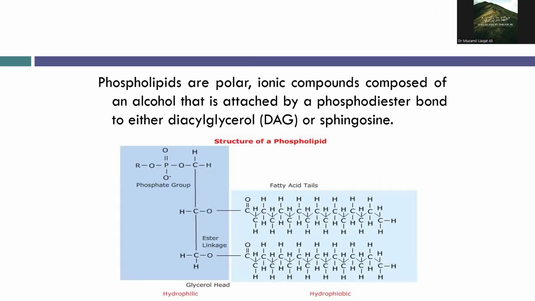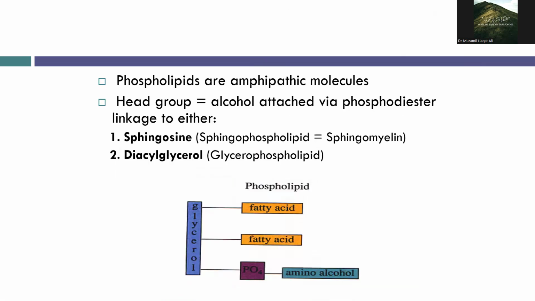Phospholipids are polar ionic compounds composed of an alcohol that is attached by the phosphodiester bond to either the diacylglycerol or the sphingosine molecule, as you can see in this illustration. Phospholipids are amphipathic molecules.